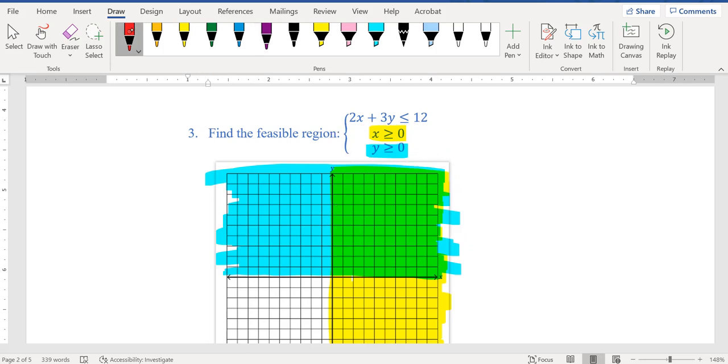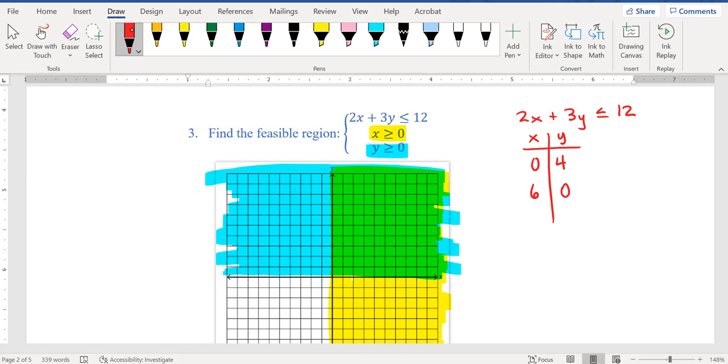Now let's go look at the first inequality here. 2x plus 3y less than or equal to 12. I'm going to graph that by using the intercepts. If x is 0, y would be 4. If y is 0, x would be 6. How am I getting that so fast?